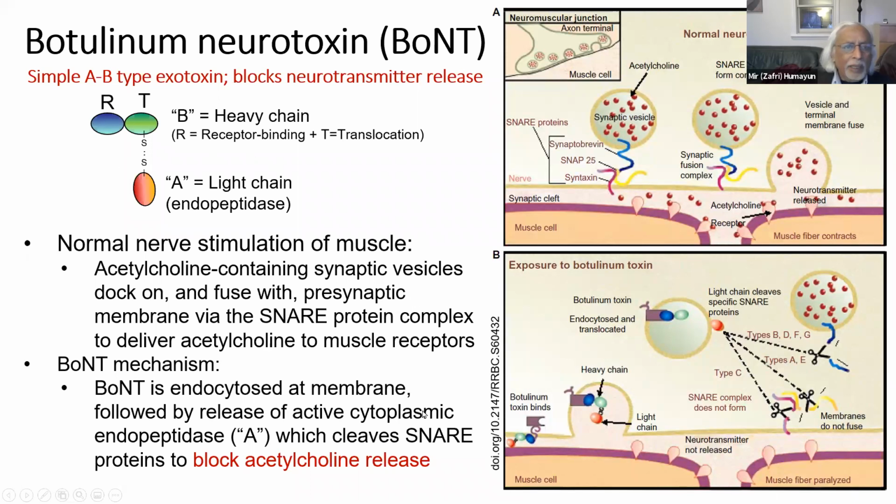What happens in the case of botulinum neurotoxin is shown in the bottom part of the diagram.